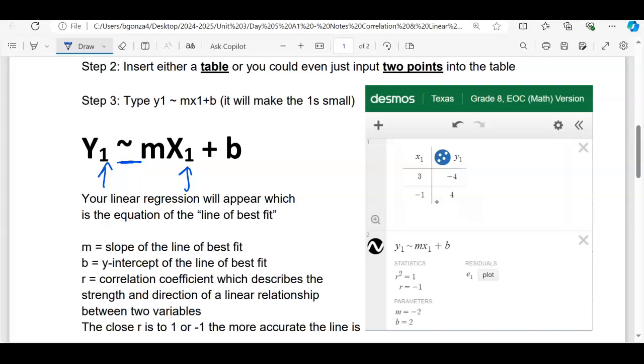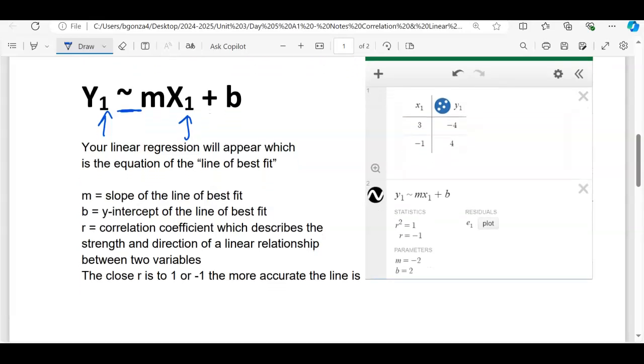Okay. Now, when you do that, if you look on your screen here, you end up getting this information. We said R is going to be that new piece of information, but we know M and B down here could help us write this equation.